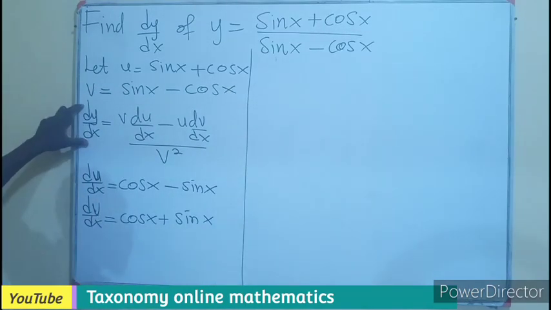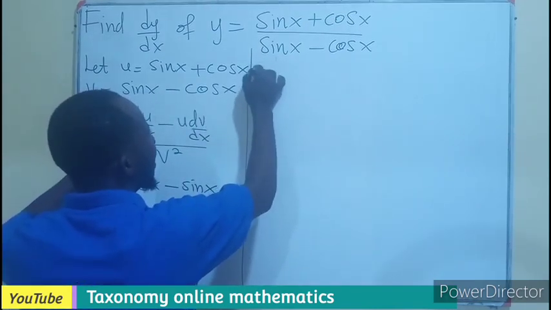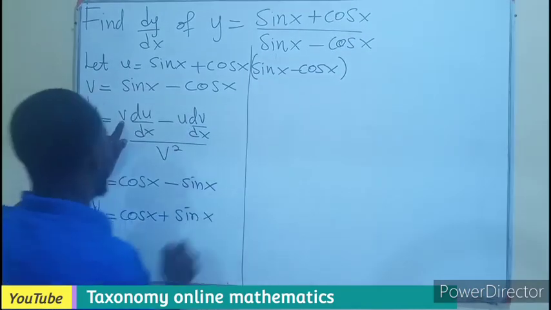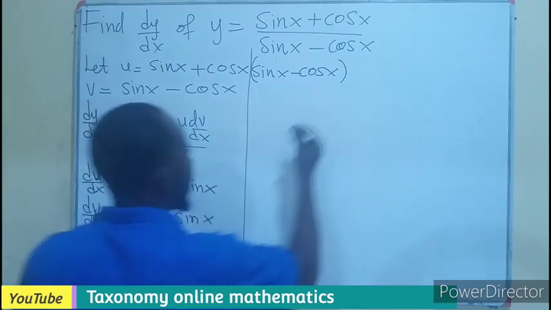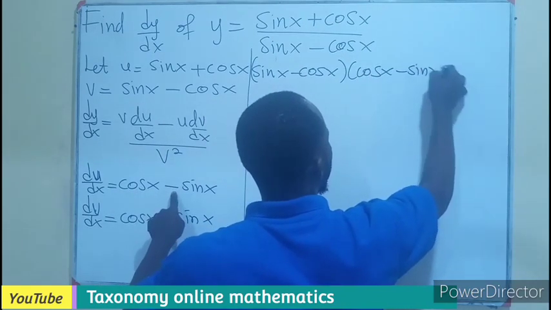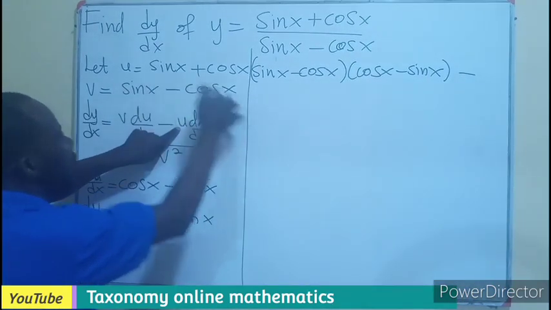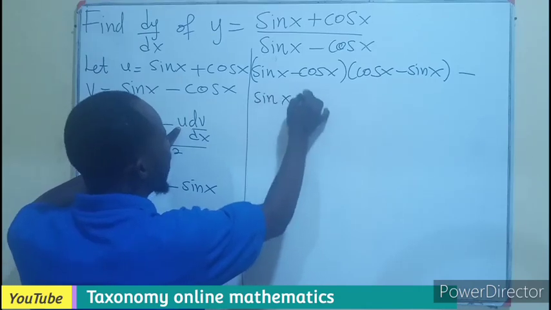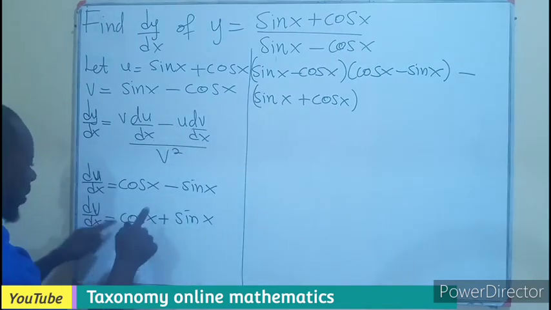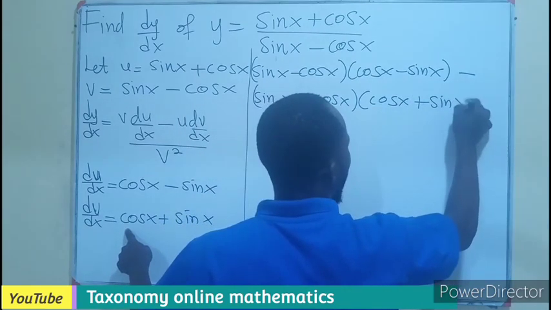So I will ignore dy/dx and go straight with my v, which is going to be sin x minus cos x, multiplying du/dx, so that will be cos x minus sin x, minus u, which is sin x plus cos x, multiplying dv/dx, which is cos x plus sin x.